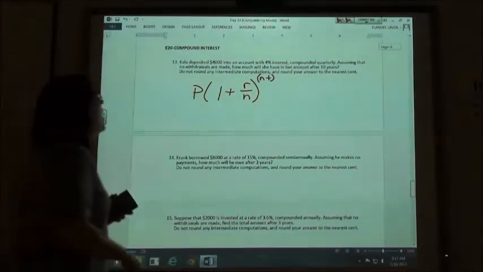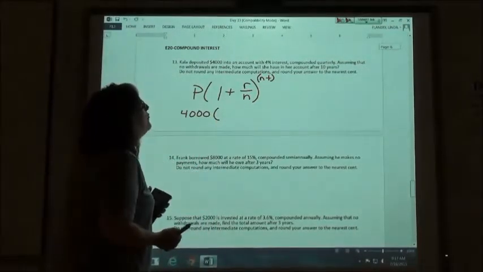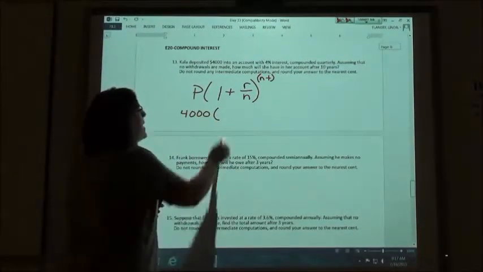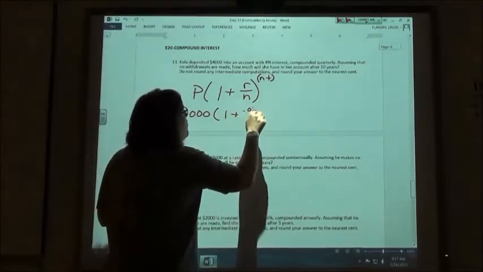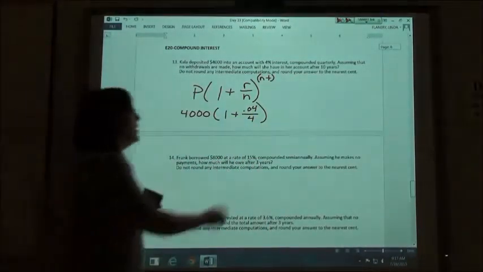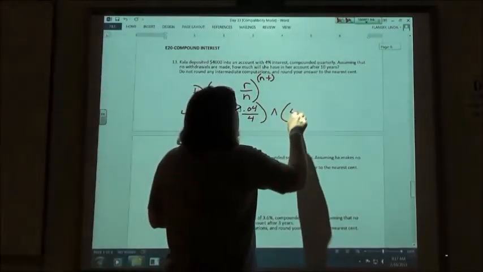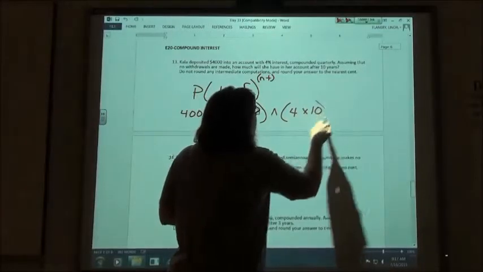So, Kayla deposited $4,000 into an account that pays 4% interest compounded quarterly. So 1 plus 0.04 divided by 4 because it's quarterly. To the, so caret key, 4 times a year for 10 years.